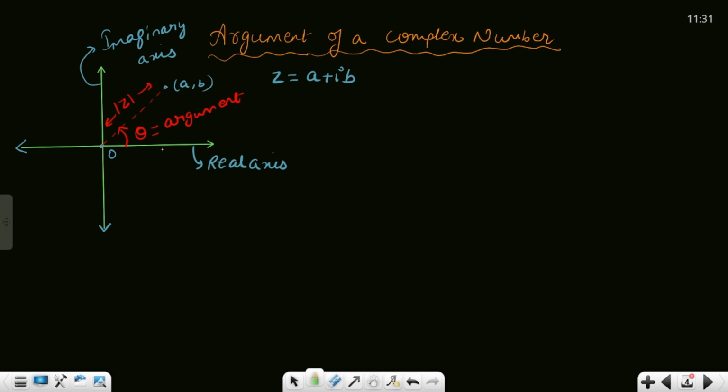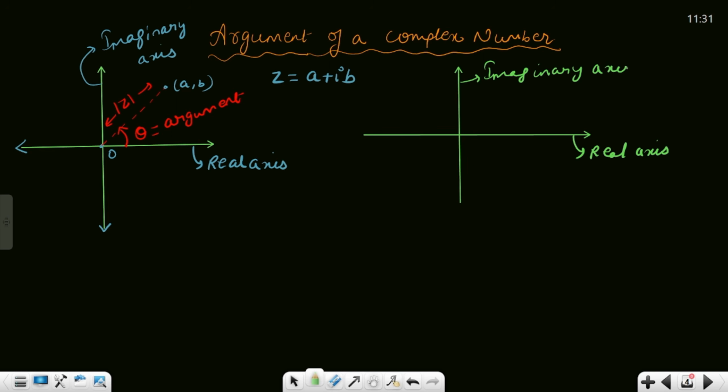If I again try to plot this Argand plane, this is our real axis and this is our imaginary axis, and this is the origin, and this is our plotted or required complex number a comma b.